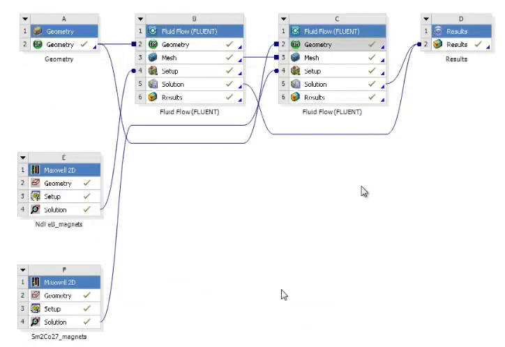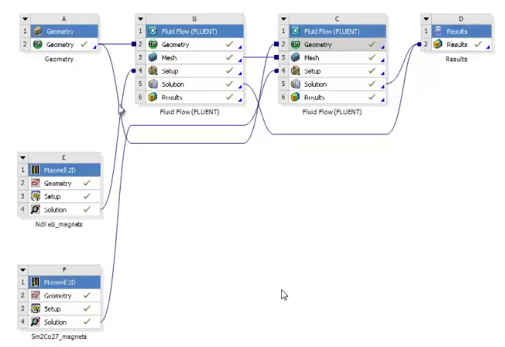Now, to do such a simulation, we coupled Maxwell 2D to a 3D Fluent simulation inside of the Workbench environment. You see two Maxwell 2D simulations because we are going to go one step further and look at the behavior of two different magnet materials.